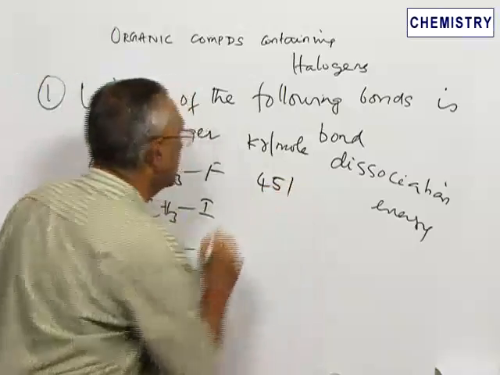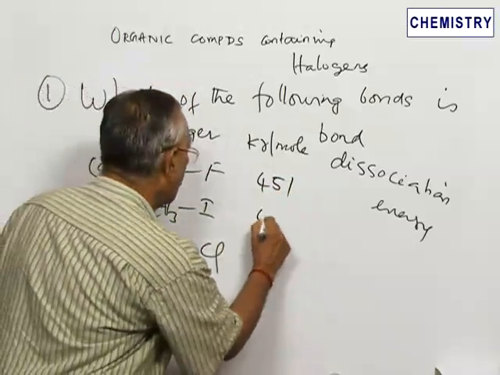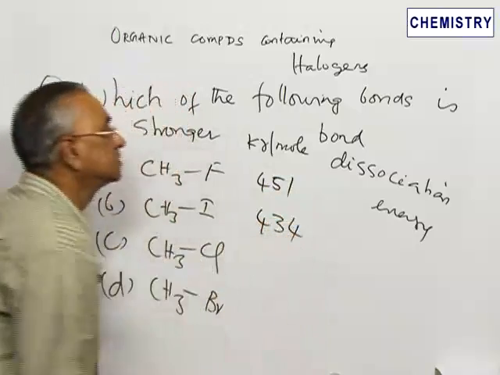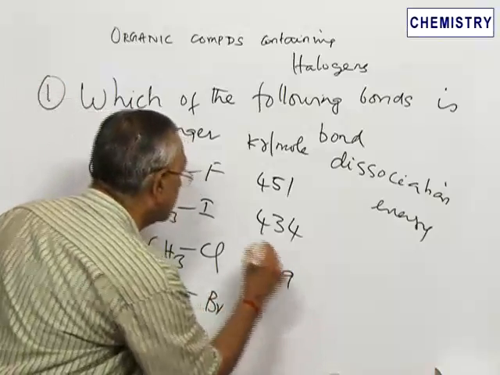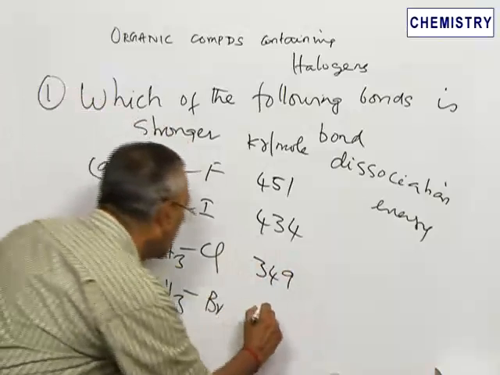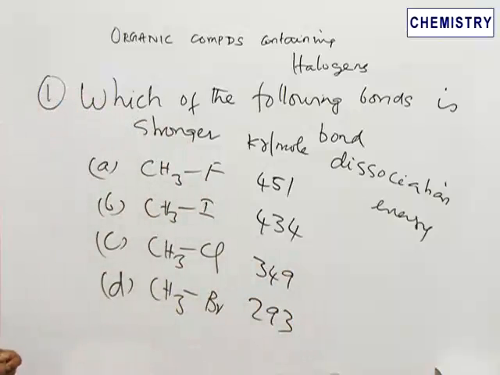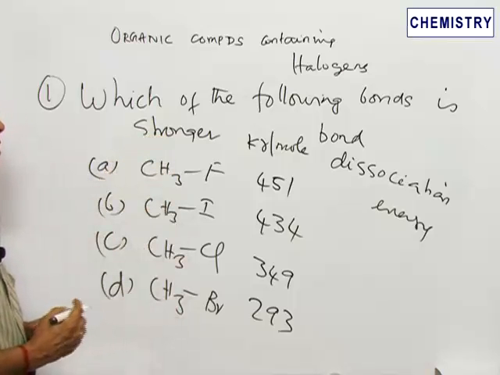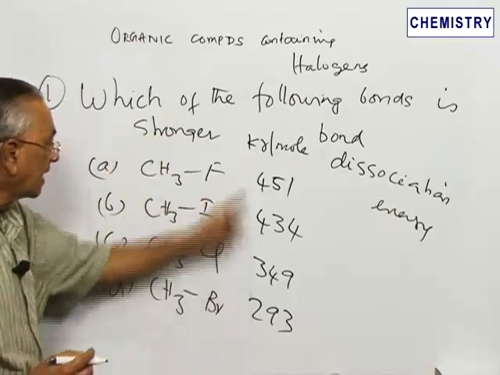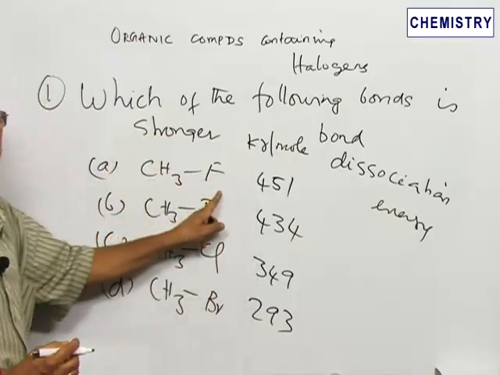The carbon fluorine bond is 451 kilojoules per mole. The carbon iodine bond is 434, the carbon chlorine bond is 349, and the carbon bromine bond is 293 kilojoules per mole. So immediately you can find out that the highest value in this series is for the carbon fluorine bond.